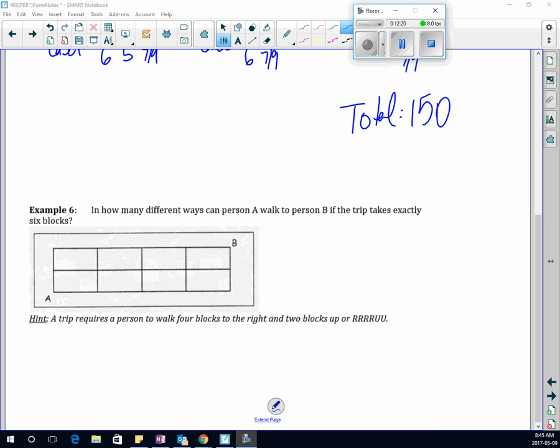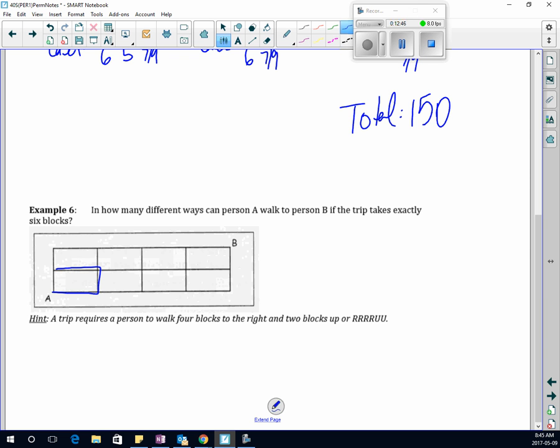Okay, so in how many ways can person A walk to person B if the trip takes exactly 6 blocks? What they're trying to say is you can't go back. Like for instance, you can't go this, this, this, because now you're going back, because there's no way you'd get it to be in 6 blocks, right? So it has to be a bunch of easts and a bunch of norths.